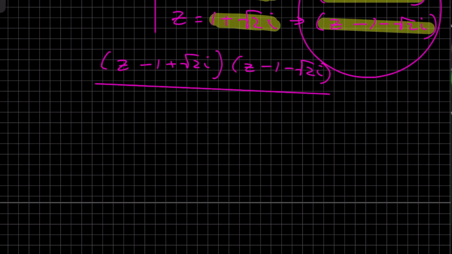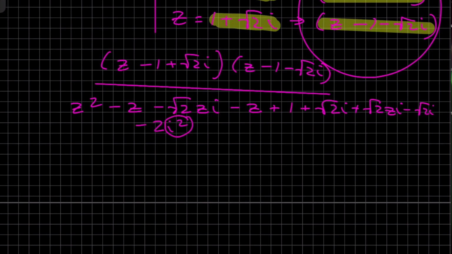Expanding these two brackets out, we should get z² − z − √2zi − z + 1 + √2i + √2zi − √2i − 2i². And we know that i² is equal to negative 1.